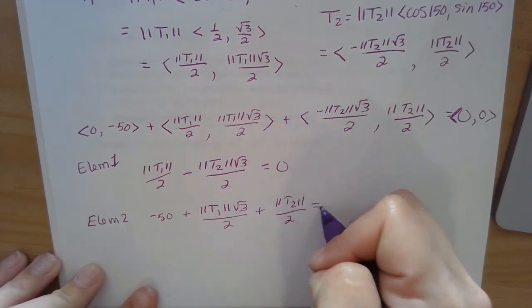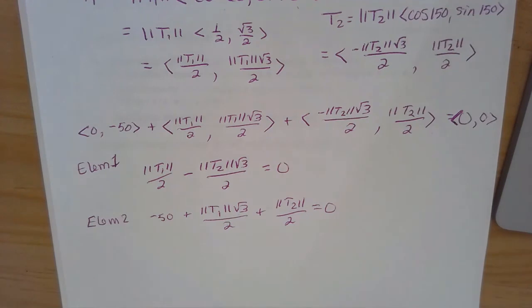Whew, and that equals 0. Okay, how does this help us? Well, think of this as systems, guys. We have two parts that we can actually help solve each thing.